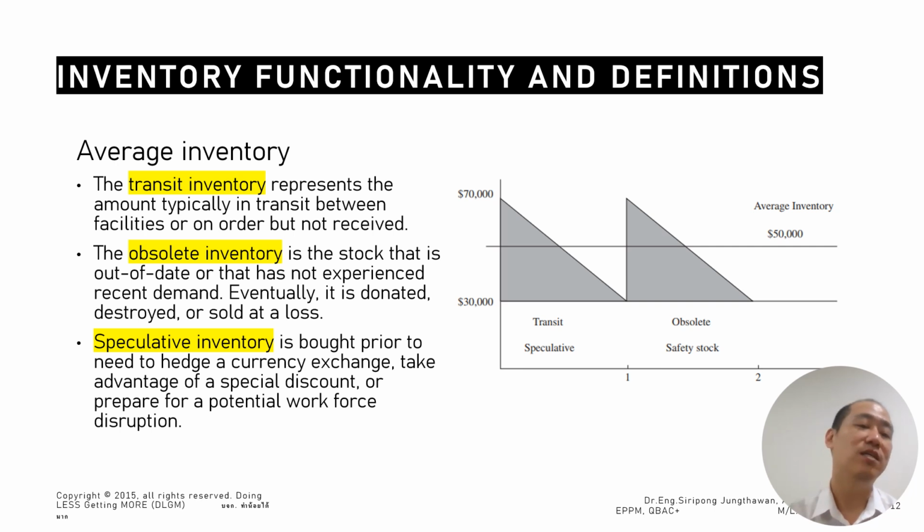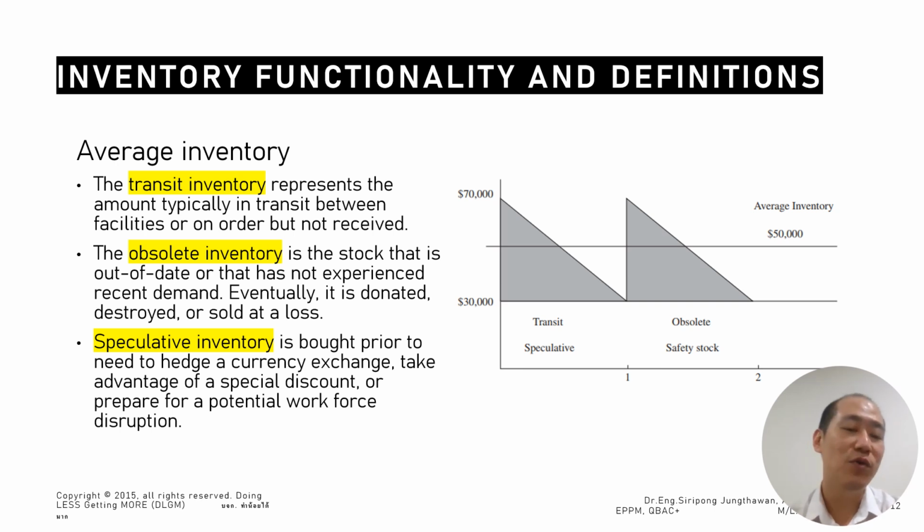So you can see intransit inventory represents the amount typically in transit between facilities, sometimes from manufacturing to warehouse, or supplier moving inventory to your manufacturing. You can remember in the beer game, you move your hand, that we call intransit inventory, to your warehouse.